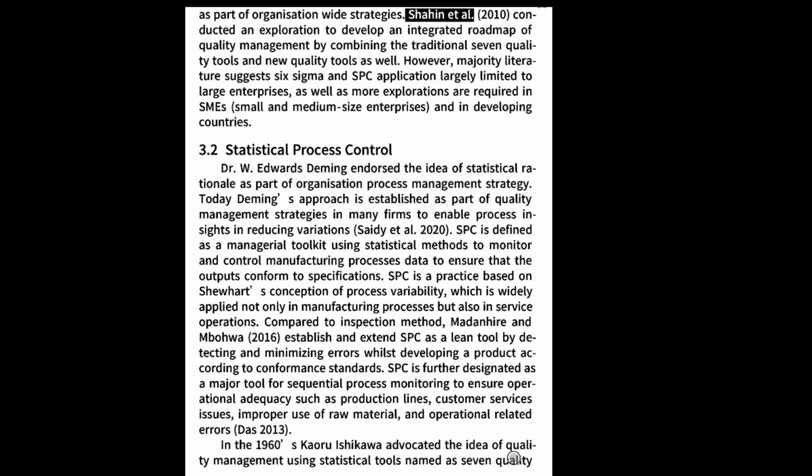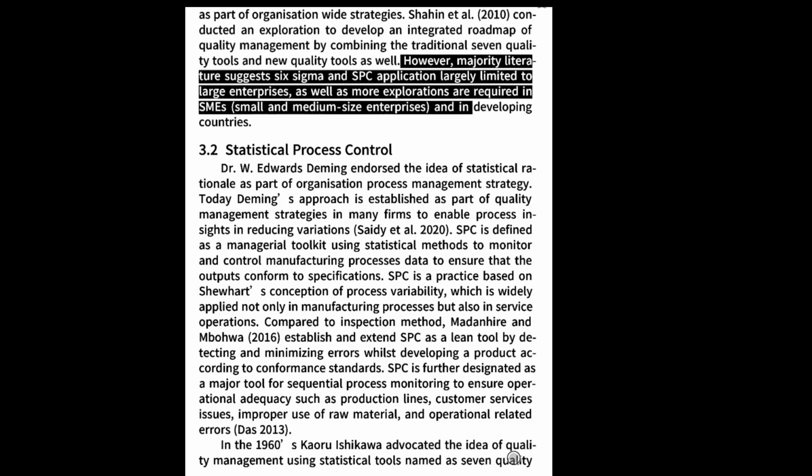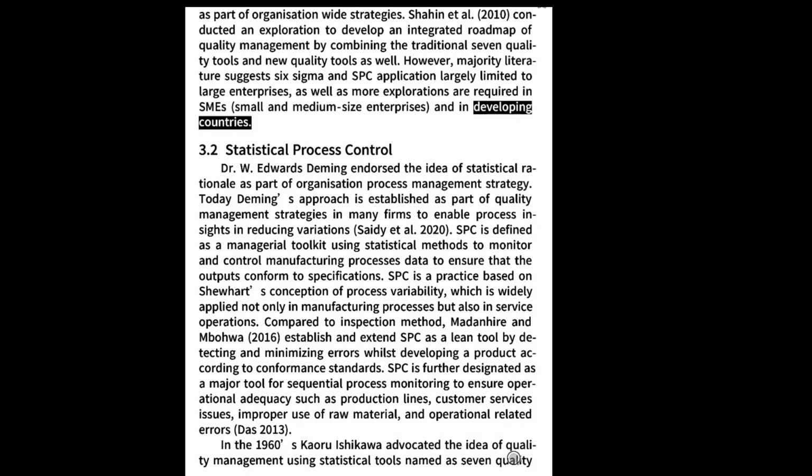Tahin et al. 2010 conducted an exploration to develop an integrated roadmap of quality management by combining the traditional 7 quality tools and new quality tools as well. However, the majority of literature suggests Six Sigma and SPC application is largely limited to large enterprises, and more explorations are required in SMEs, small and medium-sized enterprises, and in developing countries.